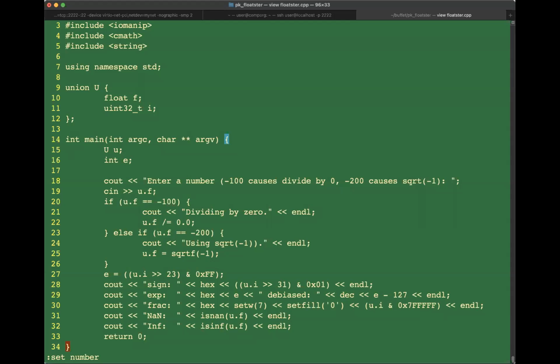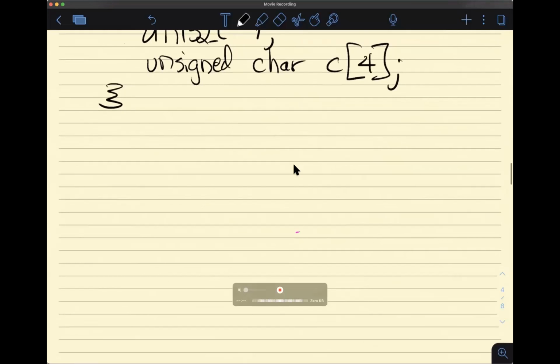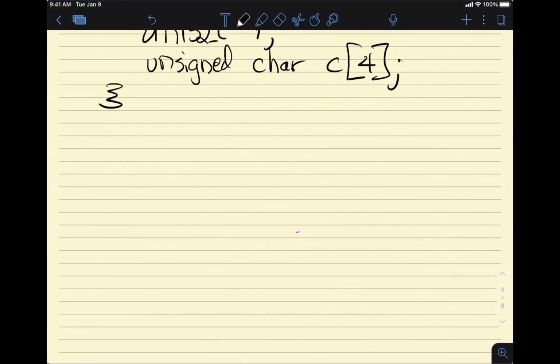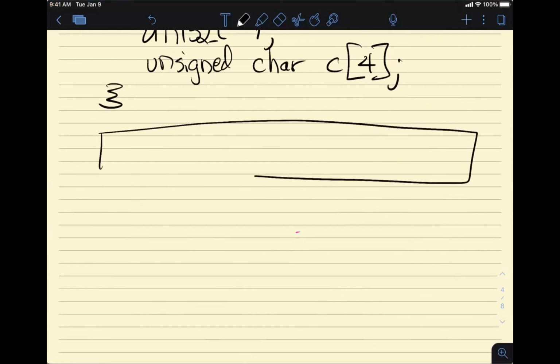That's a bit shift of 23. Okay, so my goal is to get the exponent by itself. Flipping back to the iPad, let's refresh our memory of what a single precision number looks like. There is the sign bit.